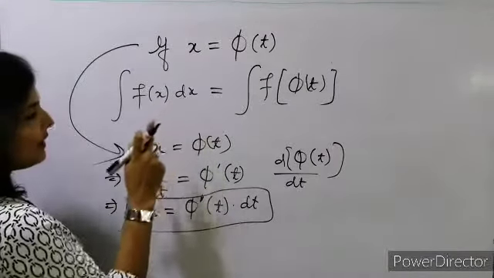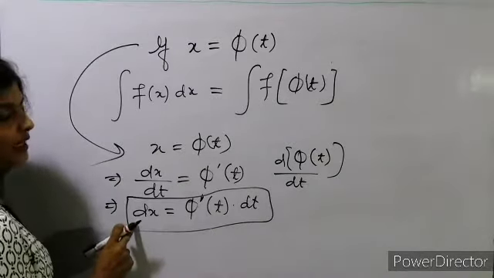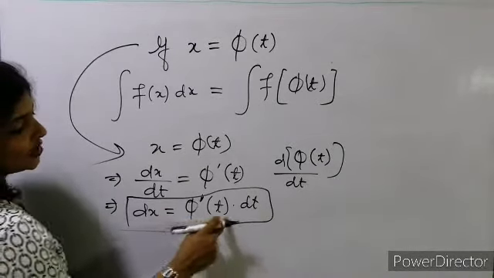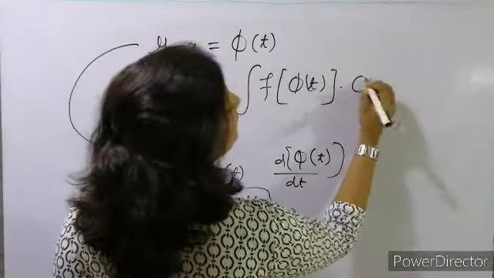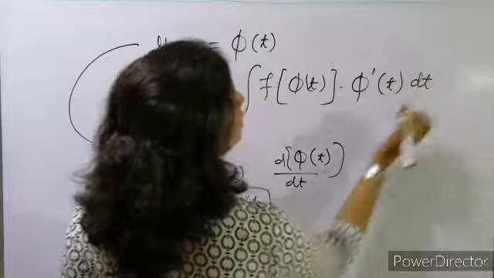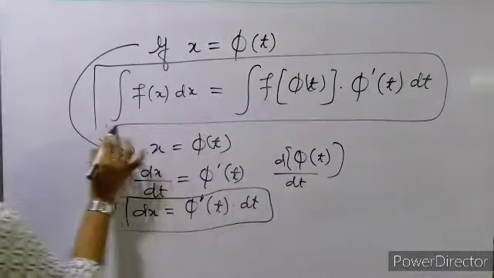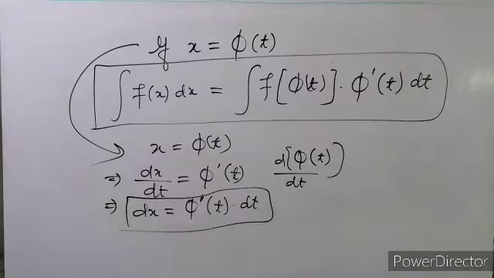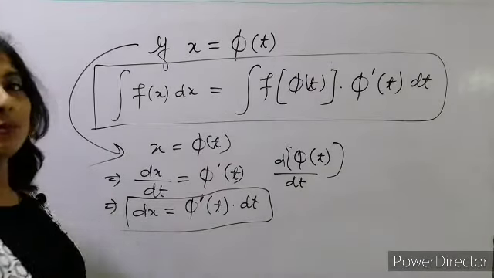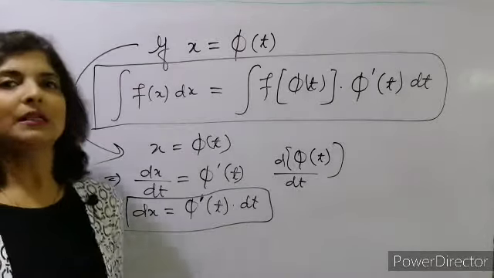And what is the value we have derived for dx? dx is phi dash t dt. So this will be the value when we are using the method of substitution. Based on this formula, based on this concept, we'll do different types of sums.